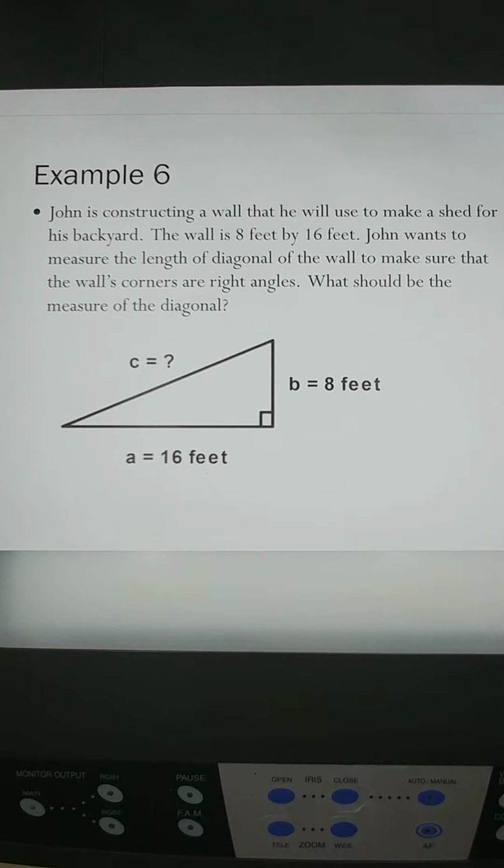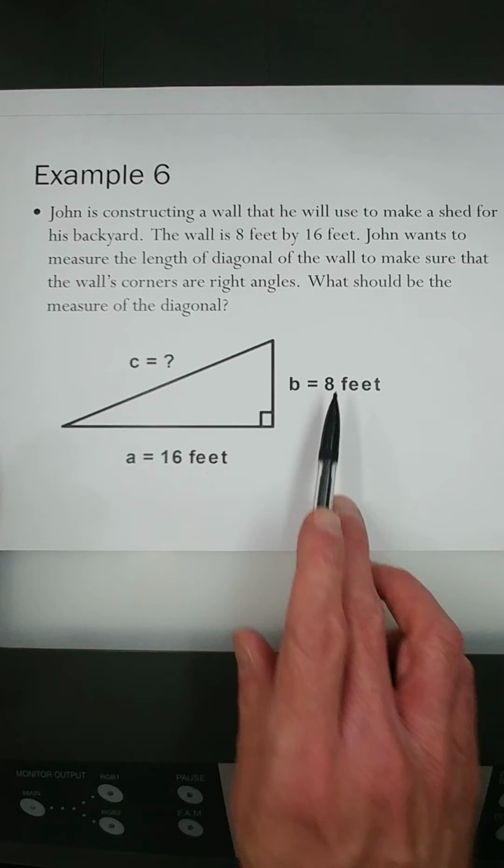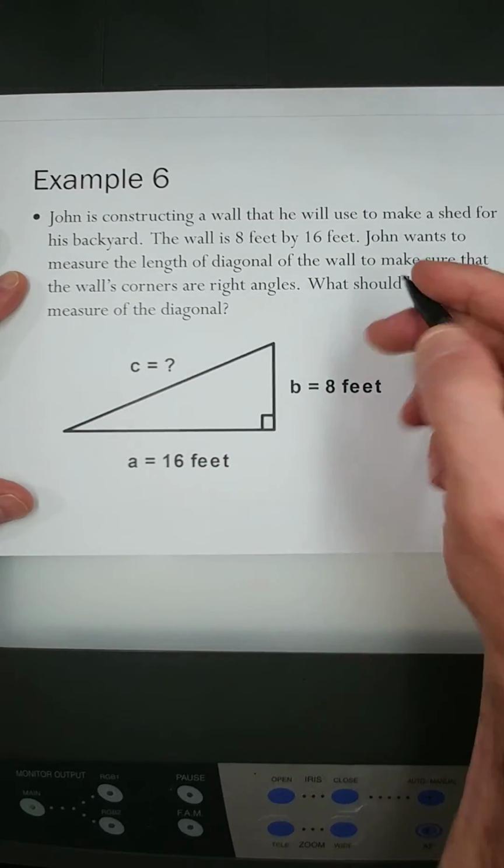So as you can see in this example, John is going to make a wall for a shed in his backyard. The wall is 8 feet by 16 feet. John wants to measure the length of the diagonal of the wall to make sure the wall's corners are right angles. So as you can see in the diagram, it's 8 feet and 16 feet.